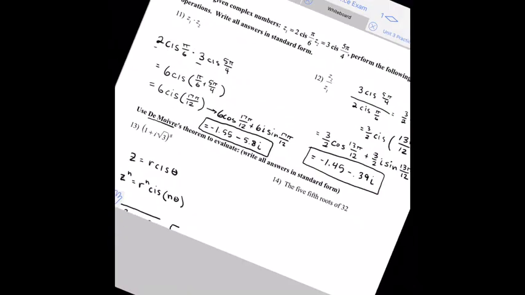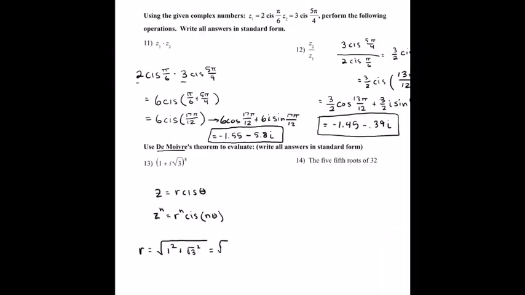So the value of r is, using the Pythagorean theorem, kind of like finding the magnitude of a vector back in section 4.3. So 1 squared is 1, square root of 3 squared is 3, 1 plus 3 is 4, so square root of 4 is 2.